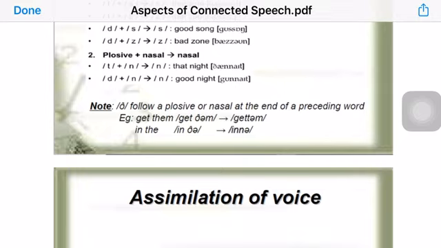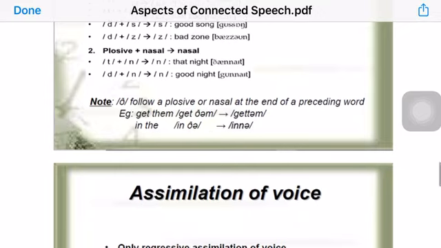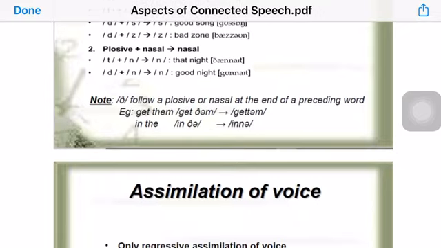There's a very important note that you need to keep in mind: when we have this sound following a plosive or nasal, either se, ze, plosive, or nasal, ne, at the end of the preceding word. So for example, we have "get them," which would be "get'em."